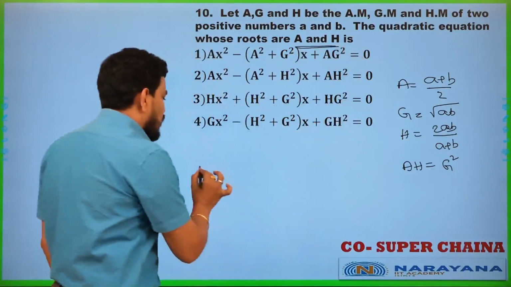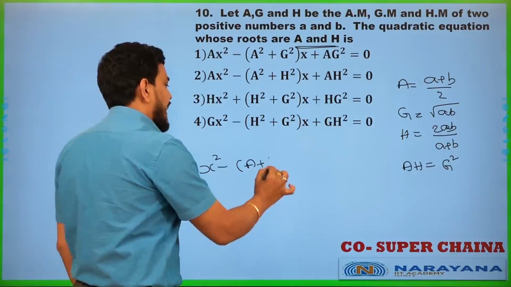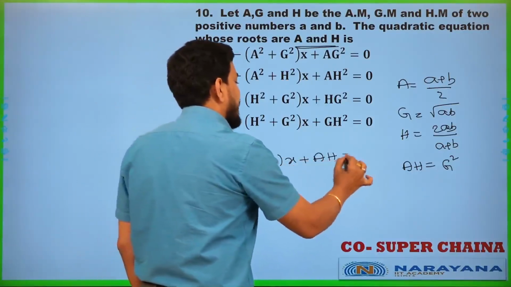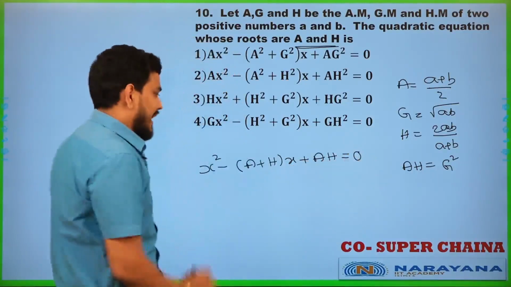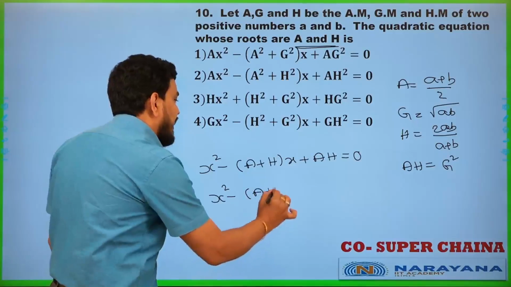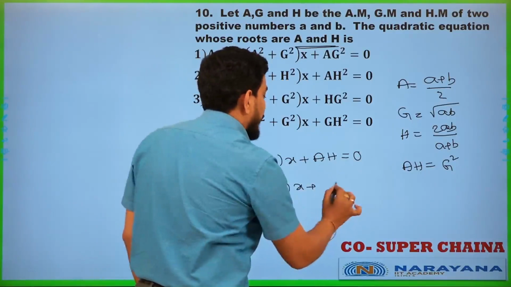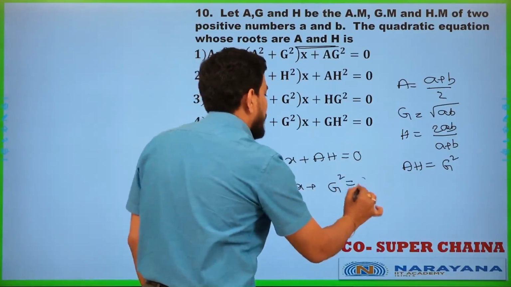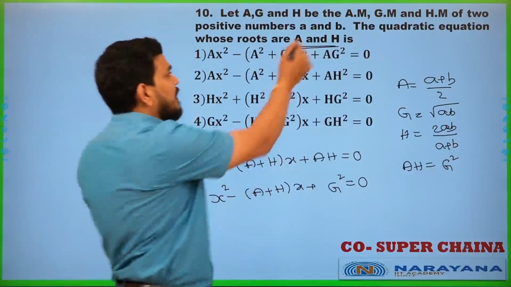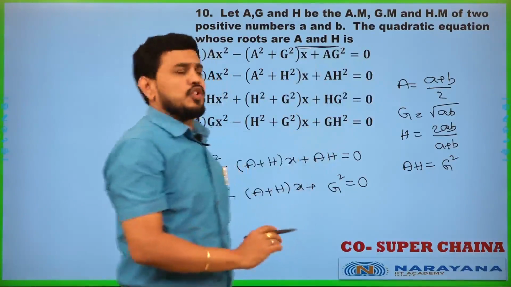Now A and H are the roots. So the equation you can write: x square minus (A plus H) into x plus AH is equal to 0. I can write this as x square minus (A plus H) into x plus G square is equal to 0. a and b are positive numbers, so capital A is also a positive number.